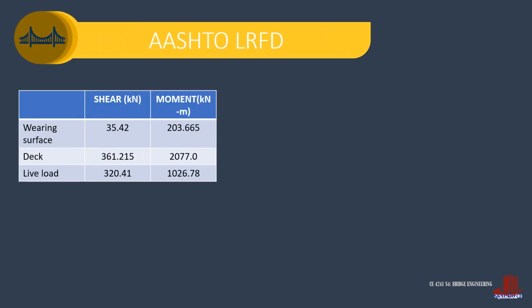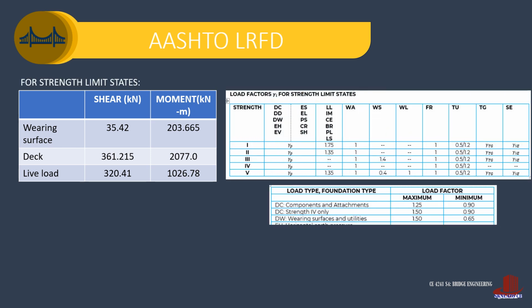With the distributed shear and moment already known, apply AASHTO LRFD. For strength limit state, use gamma P for DW and DC, where from the gamma P table, we take 1.5 for DW and 1.25 for DC. LL is 1.75.